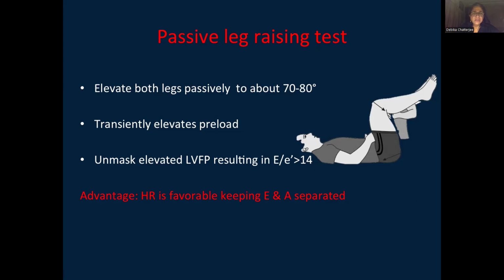It will increase the preload transiently, and if the patient was not having raised LV filling pressure in the flat position, with raised legs it may unmask the elevated LV filling pressure, resulting in an E by E prime ratio more than or equal to 14.